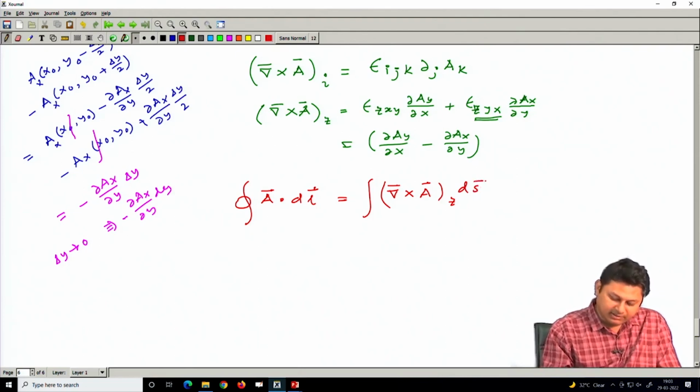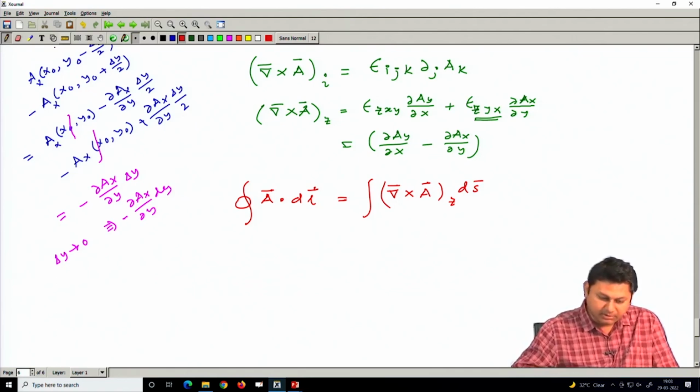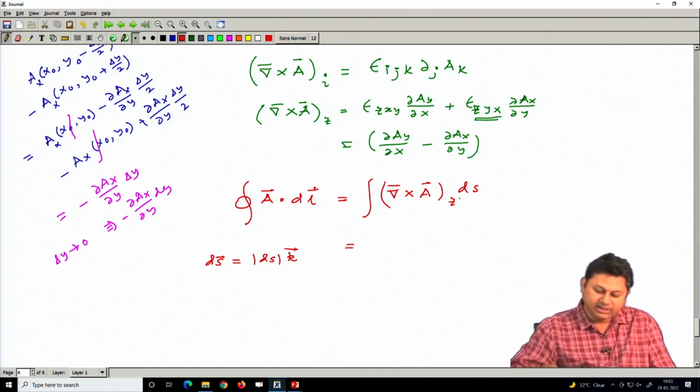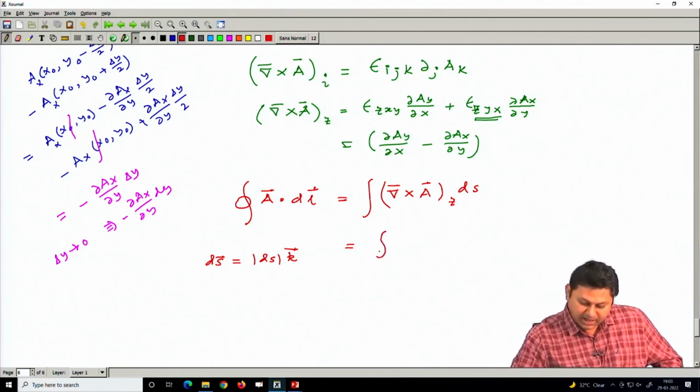Now, ds is along the z direction; if I put down the vector sign, ds is mod of ds times the k vector. This is a z component, so we also have a k vector, and k dot k should be 1. So, simply we can have curl of A dot ds in vectorial form.